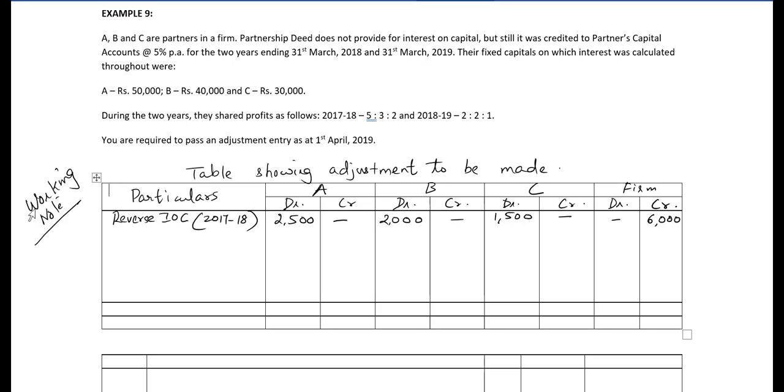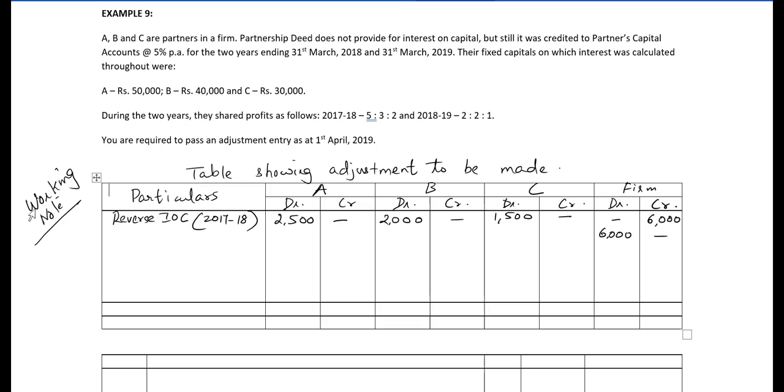Now in this problem, the profit sharing ratio for 2017-18 is 5:3:2, whereas for 2018-19 is 2:2:1. So this 6,000 we will distribute in 5:3:2 because this is the profit sharing ratio for 2017-18. So this 6,000 I'll put in the debit of the firm and divide it in 5:3:2.